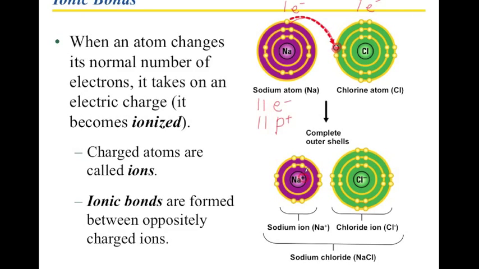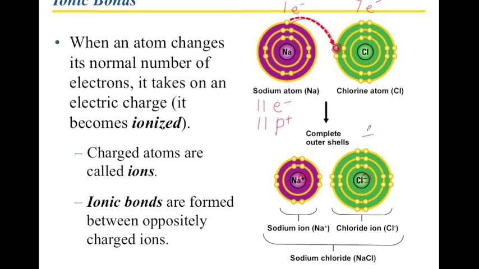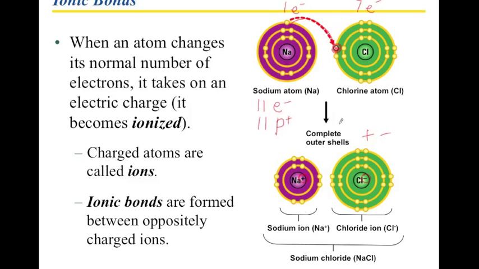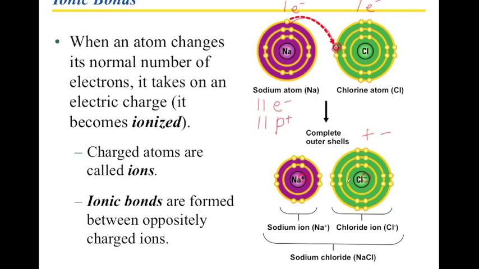Because chlorine accepted one, it is also an ion with a negative charge. Well, the positive and the negative opposites attract, and so now after this transfer of an electron has been completed, they form something called table salt, sodium chloride.